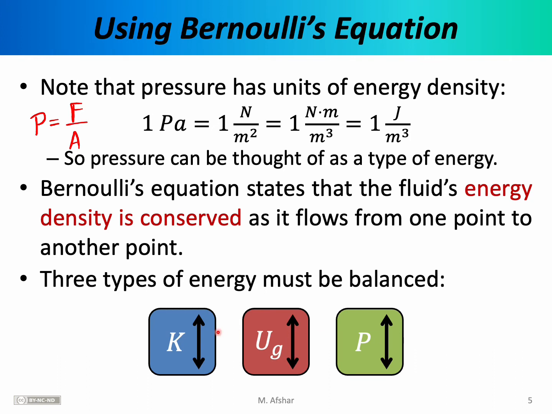As the fluid flows from one point to another, the change in kinetic energy, the change in the gravitational potential energy, and the change in the pressure energy must balance each other out. If the kinetic energy increases at one point, then the potential energy or the pressure or both must decrease.